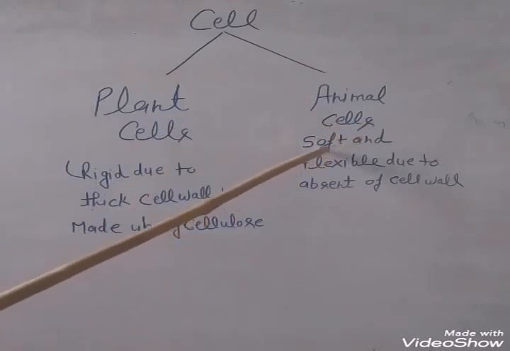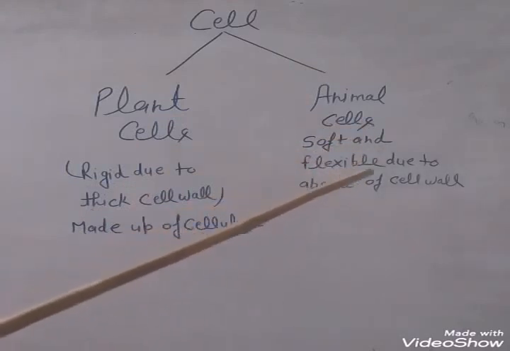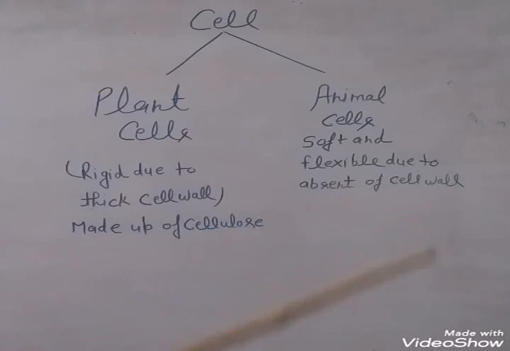Animal cells are soft and fleshy due to the absence of a cell wall. The upper layer of the animal cell is called the cell membrane, and plant cells are rigid due to a thick cell wall made up of cellulose.